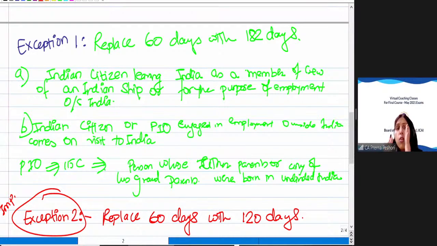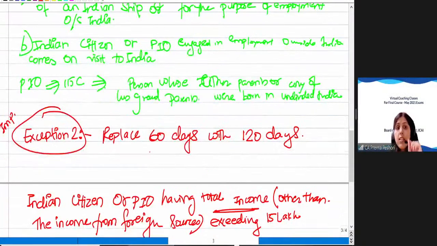For him also, it is 182-day condition. We have a second exception, replacing 60 days with 120 days criteria for a person, Indian citizen or PIO having total income other than foreign sources exceeding rupees 15 lakh. In that case, you have to replace 60 days with 120 days.